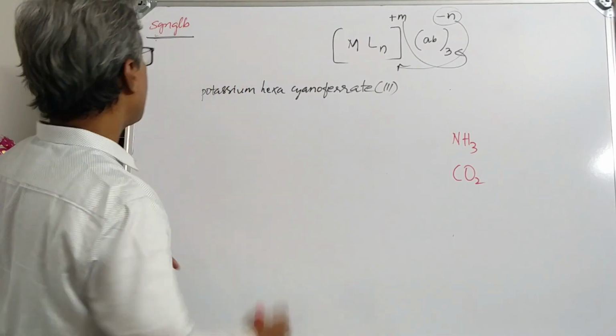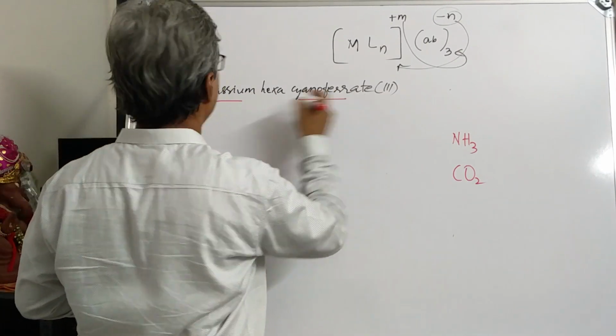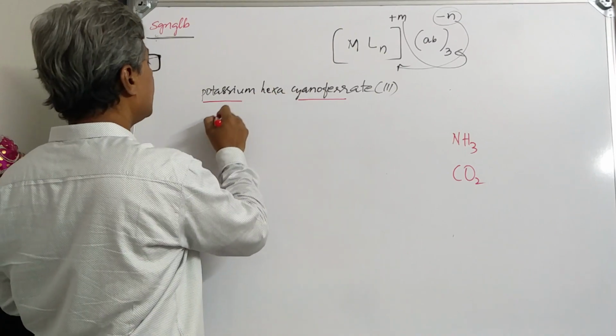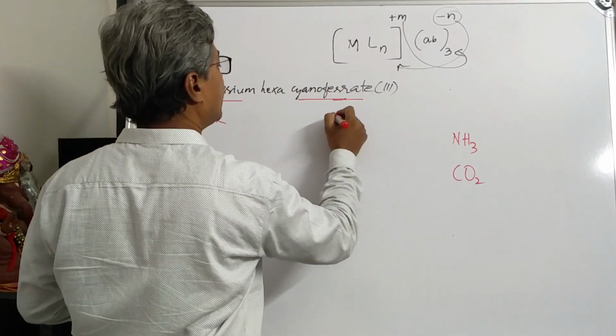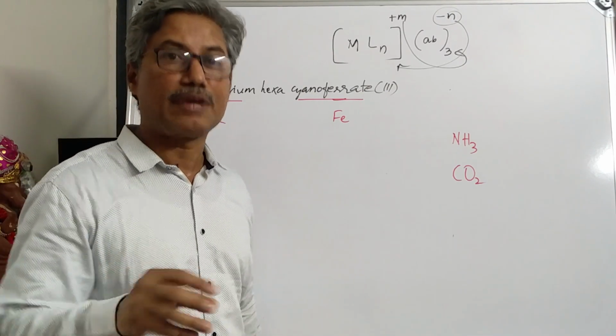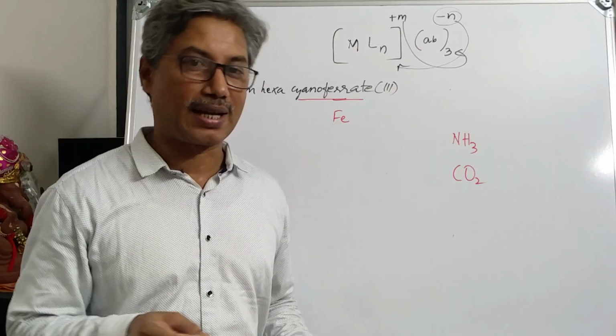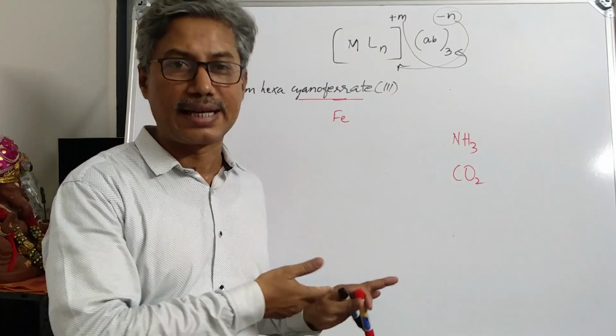Therefore, here there are 2 metals, potassium and ferrate, Fe. Usually you may not have a problem, but if you are writing an examination, under pressure, then such problems will come. So better let it be clear.